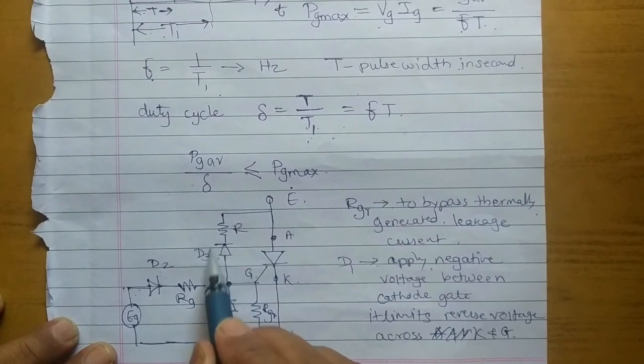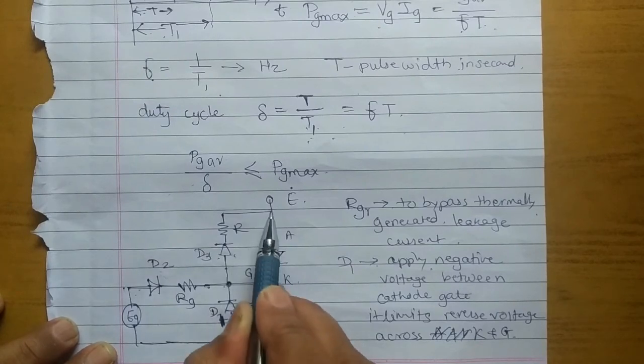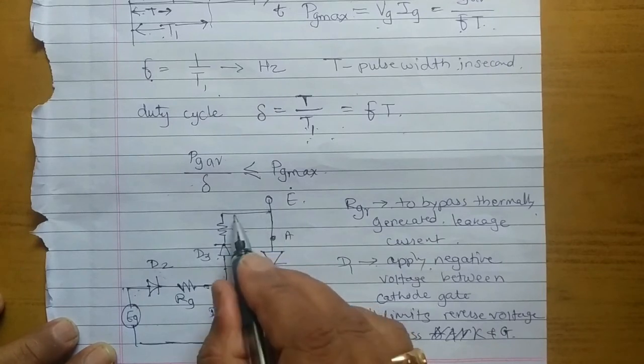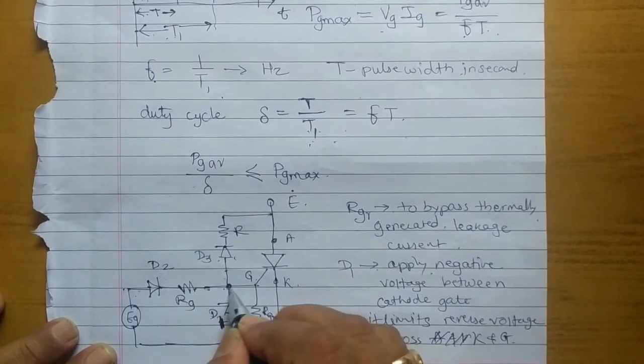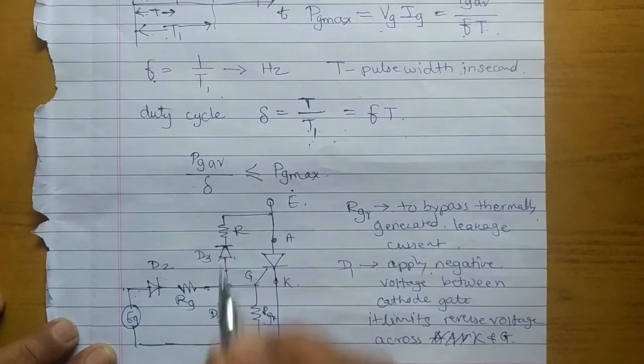See, D3 avoids the positive gate current coming from the supply, because we have connected positive here, so it may happen that some positive gate current may appear at the gate. To avoid that, the D3 is connected.